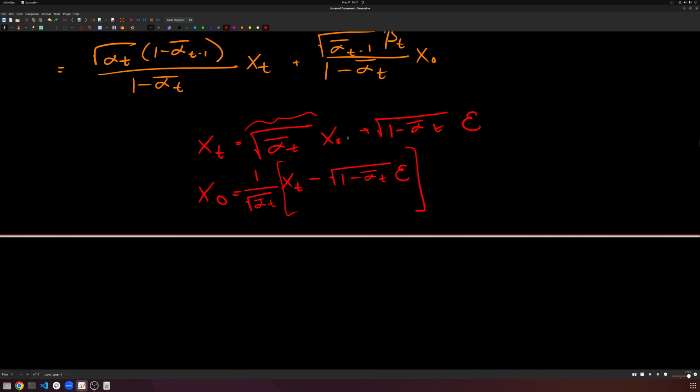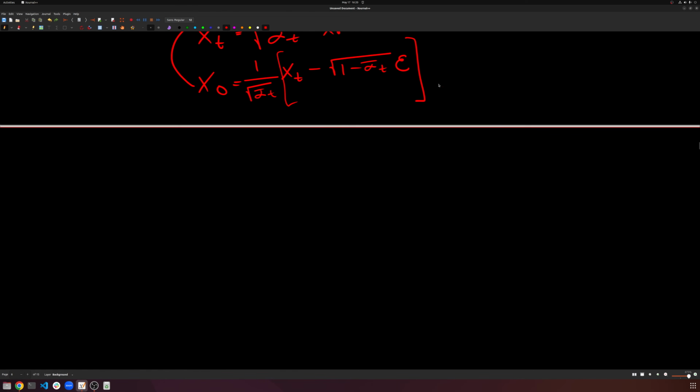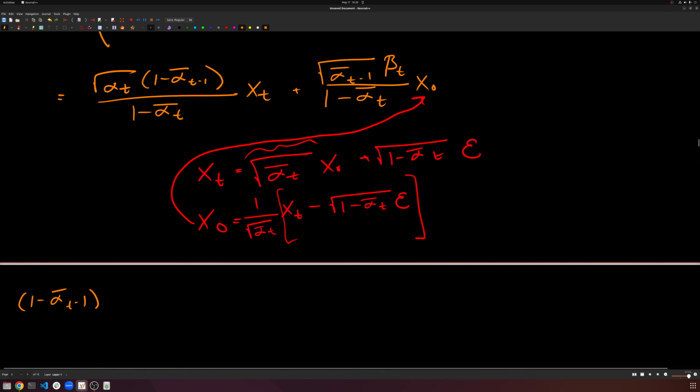And then we can take this form for x0 and plug it in right there, just to make our life a little bit simpler. Not simpler yet, but I promise it will get simpler. So that means we have 1 minus alpha hat t minus 1, square root alpha t, divided by 1 minus alpha hat t, and we have our xt.